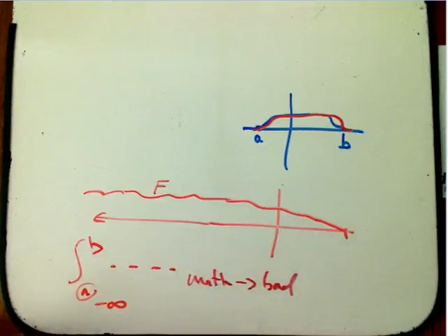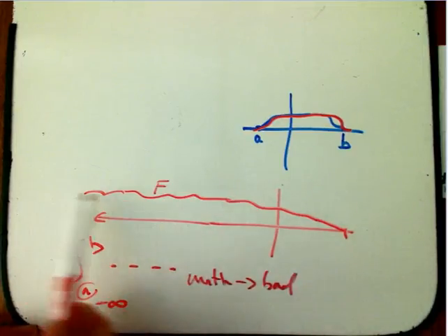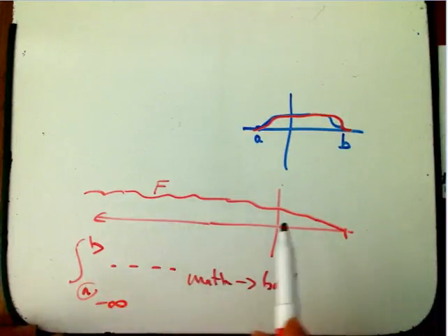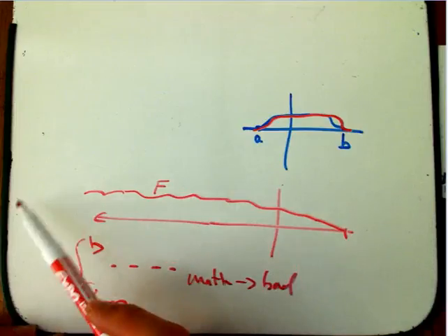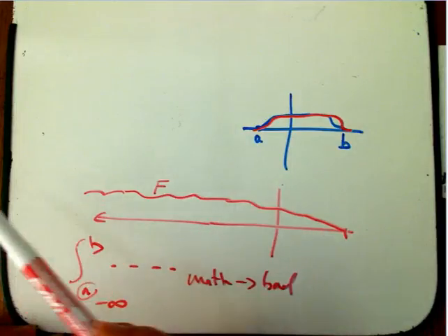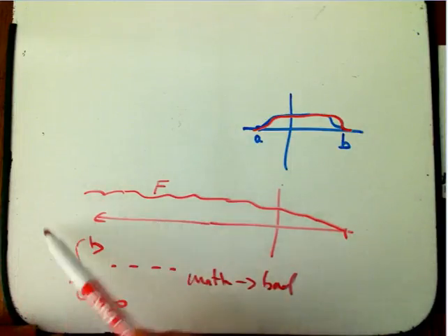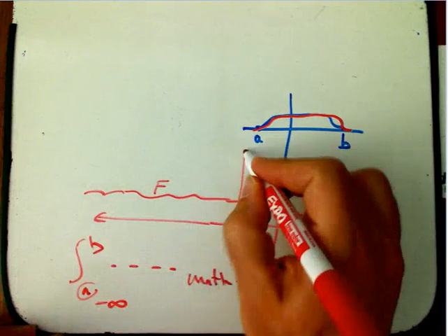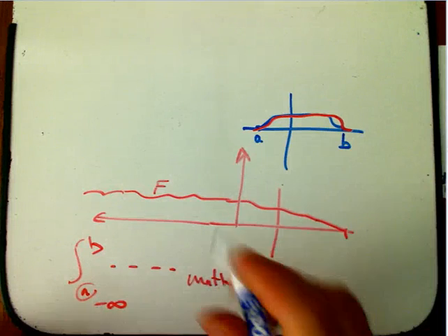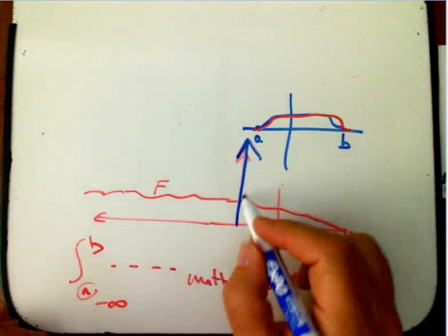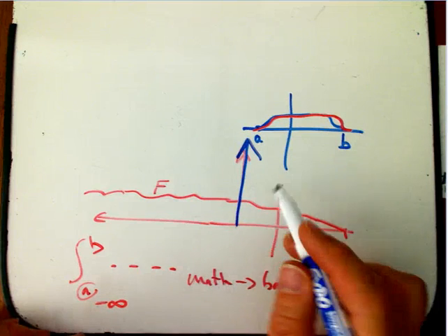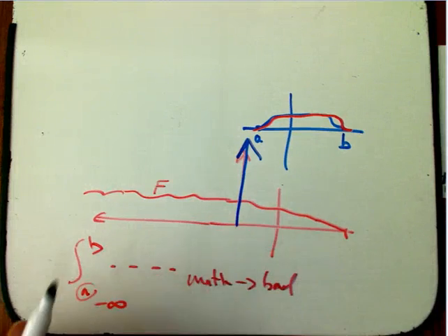Another way to see that it's bad physically is if I've been forcing this from time immemorial, then I'm going to have effects coming from minus 1,000,000 years, minus 1,000 years, minus 100 years. They're all going to add up to probably an infinite effect in the present, and that's recorded mathematically by a divergent integral.